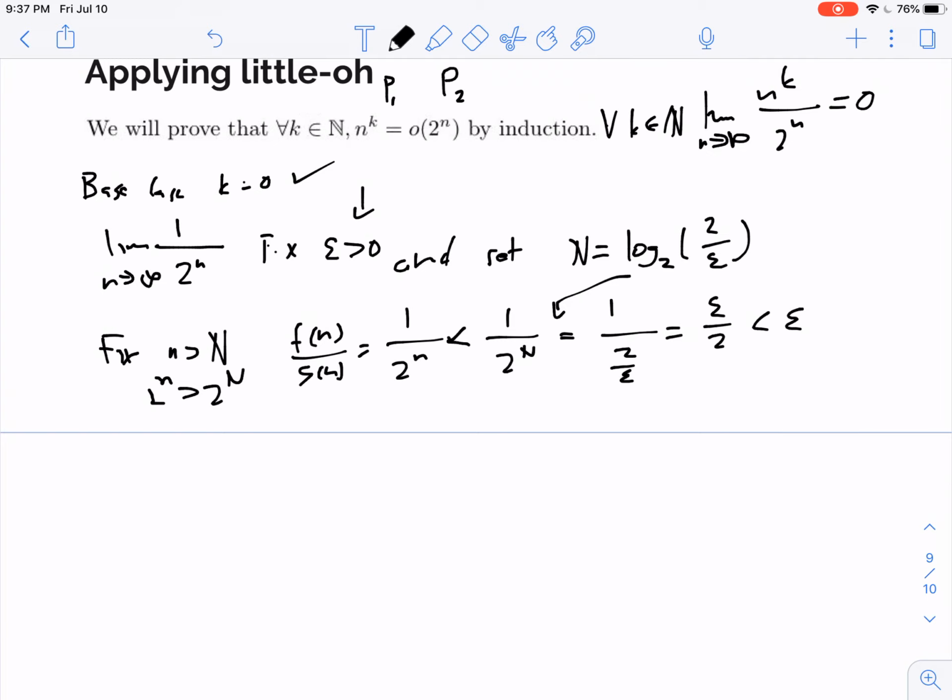For the inductive step, assume the limit as n goes to infinity of n to the x over 2 to the n equals 0 for any x less than or equal to k.